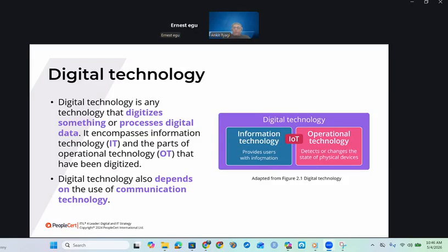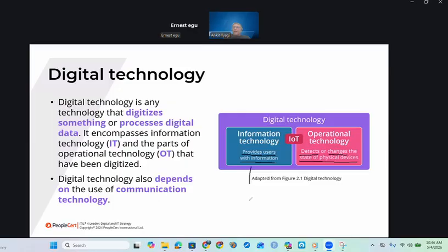Information technology is the one that provides users with information. Operational technology is the one that detects or changes the state of physical devices.